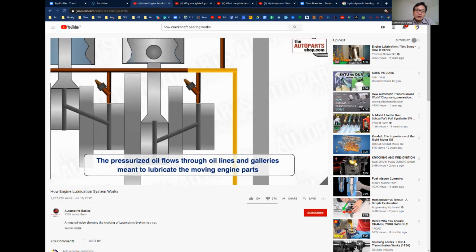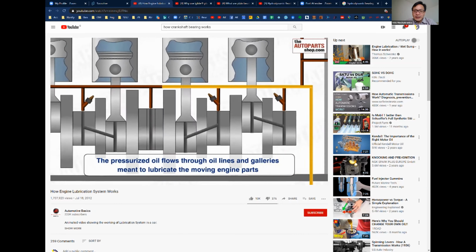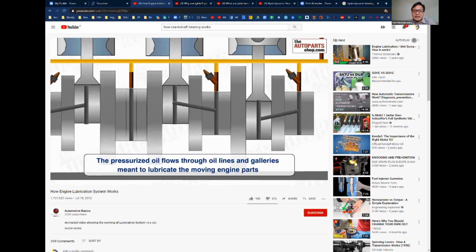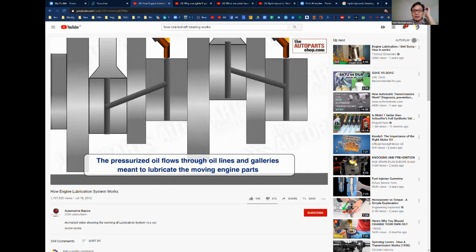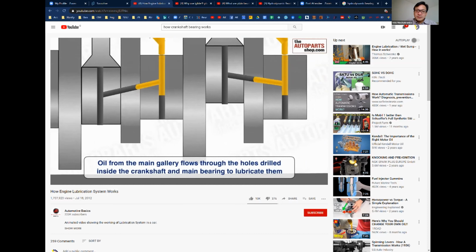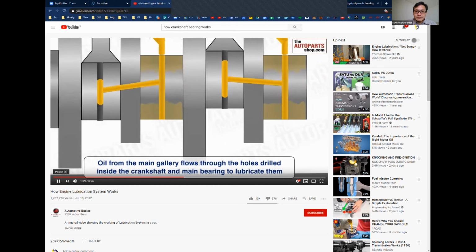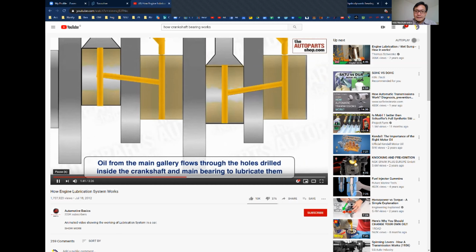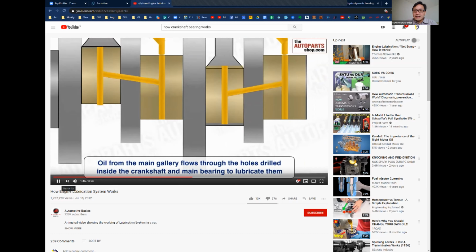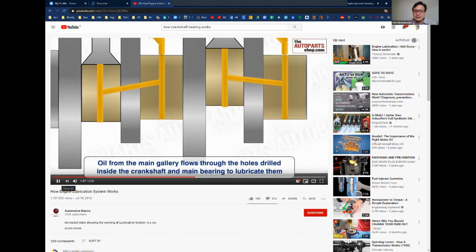Nah, this oil goes into your journal bearings. It sprays up into the cylinders, but what is most crucial also are these bearings. Jadi journal bearingsnya itu diisi, dipressurize, actually it's pressurized.